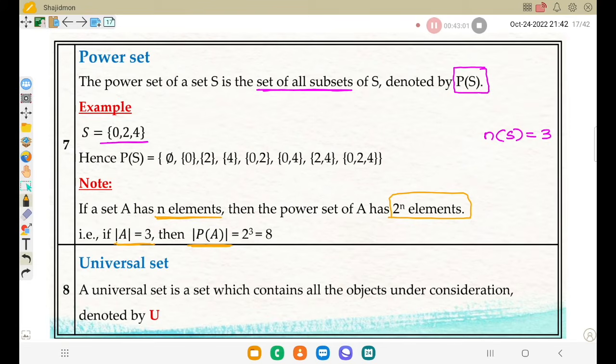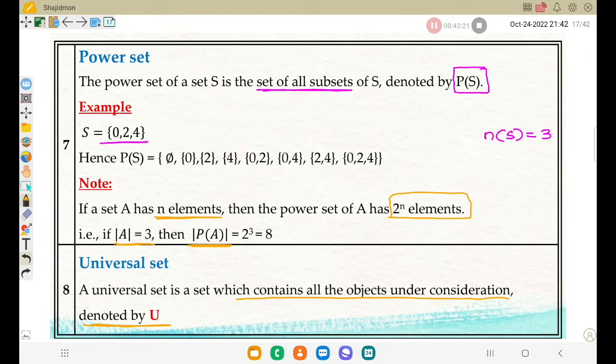Now we will go to the next category, universal set. Universal set means a set which contains all the objects under consideration, denoted by U. U means the universal set, all the elements under consideration. That is what we are calling the universal set.